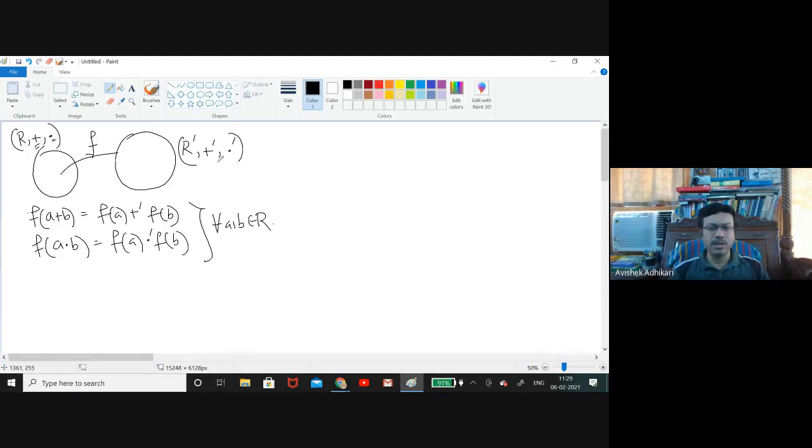That means even with plus dash and dot dash, it should preserve this operation. That is a very important aspect of ring theory.